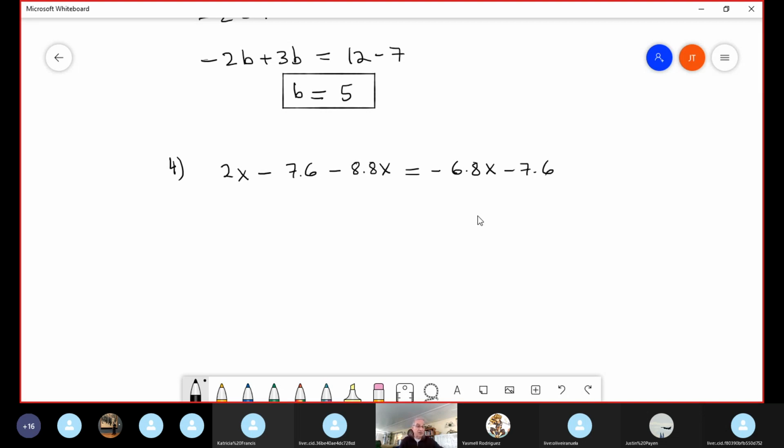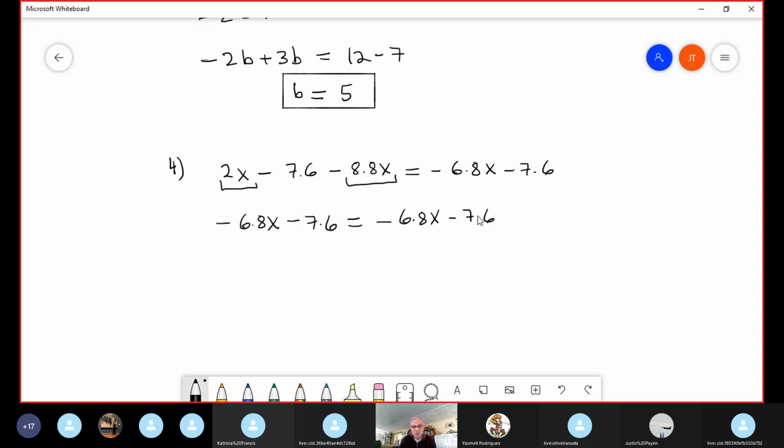Well, okay, I don't have an idea, but I combine like terms. I discover that 2x and negative 8.8x are like terms because they contain the same variable. Now subtraction: 8.8 is negative, 2 is positive, so I put the sign of the bigger, which is obvious, which is 6.8. So minus 6.8x minus 7.6 is equal to minus 6.8x minus 7.6.